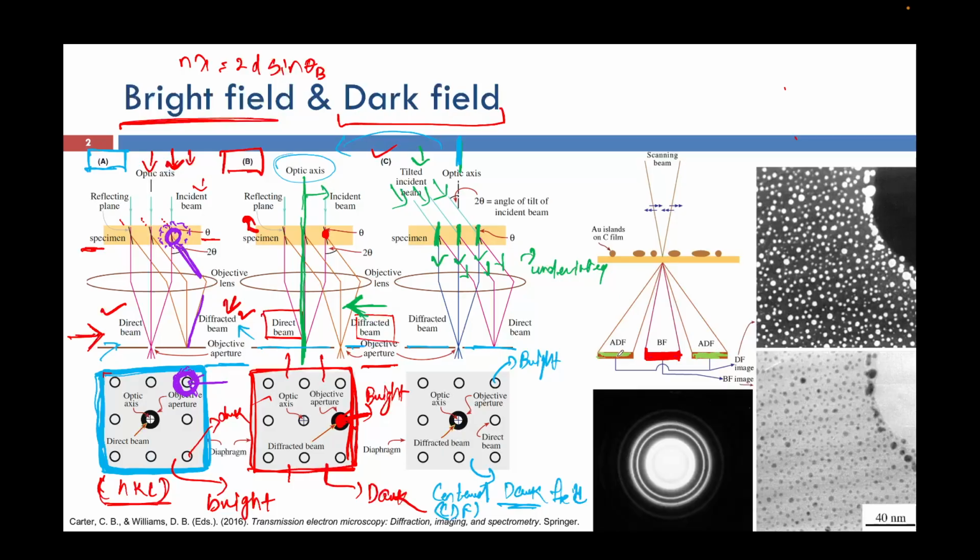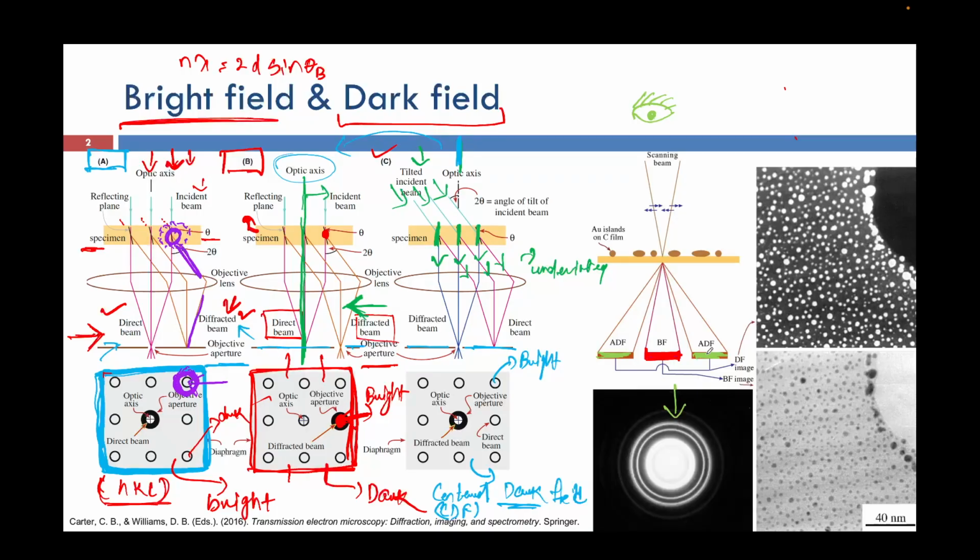Here I am showing you the two-dimensional side view, but if you want to look from the top view, this pattern will look somewhat like this. Since it's a hollow kind of structure, you will be getting concentric rings. Why you will be getting rings, I will explain in subsequent slides.